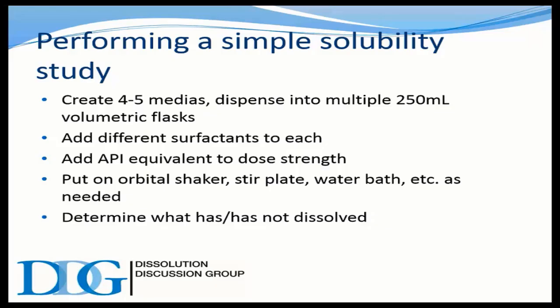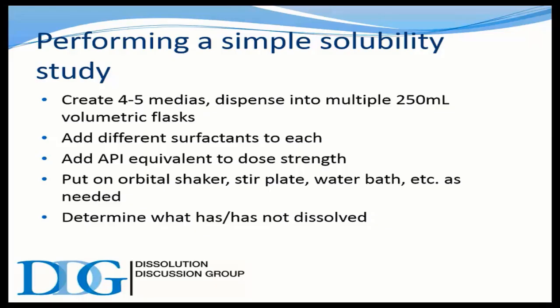Add your API equivalent to the dosage strength, as Brian said. The thing that's nice about using 250 or maybe 300 mils is that by adding the API strength to this 250 mils or 300, if you end up being soluble in that volume, then you know you've met sink condition because sink condition will be 3 times that, so you'll fit within, say, a 750 mil, 900 mil dissolution volume.